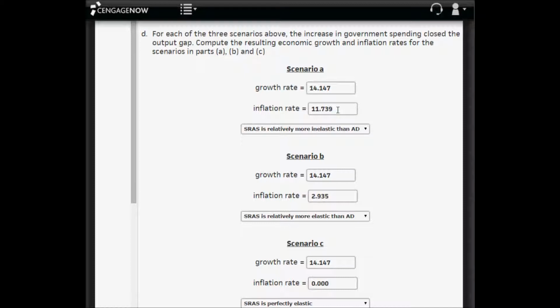As the value of the multiplier increases from scenario A to B to C, the inflation rate declines from 11.739 to 2.935 to 0.000. The inflation rate is the highest in scenario A because short run aggregate supply is relatively inelastic. In other words, because the short run aggregate supply curve is steepest in scenario A, the inflation rate is the highest. In scenario C, the inflation rate is 0.0% because short run aggregate supply has zero slope.